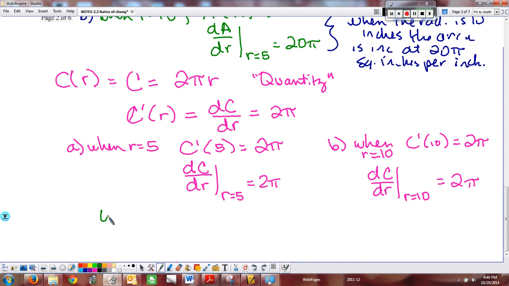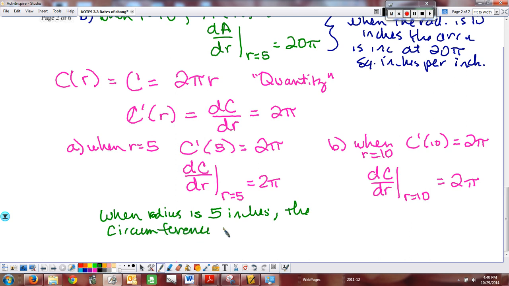So for the first one, we would say when the radius is 5 inches, the circumference is, how is it changing, increasing or decreasing? Positive derivative, so it is increasing by 2 pi. Now be careful, this is a circumference. What are the units of circumference?